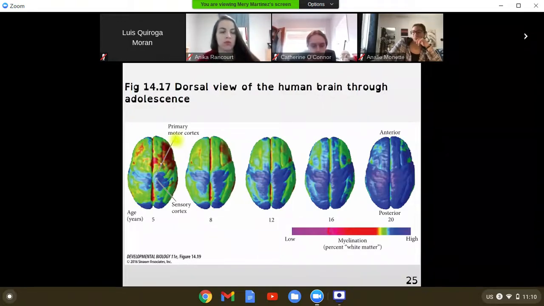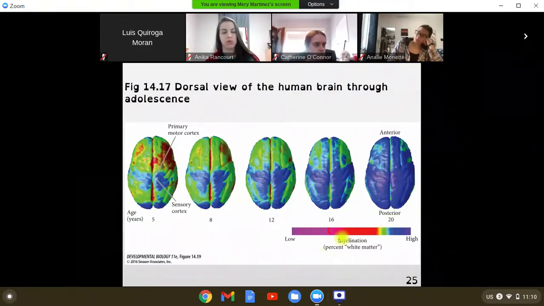So in here, we have brain activity, brain cortex, showing the primary motor cortex and the sensory one. This is age in years: 5, 8, 12, 16, and 20. And if we look at the degree of myelination, so the percent of white matter, look at this at 20, we're just getting all those connections a little better, right?